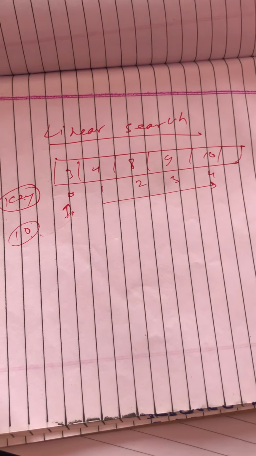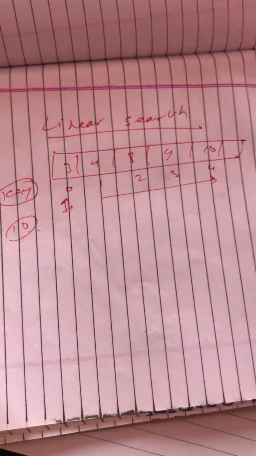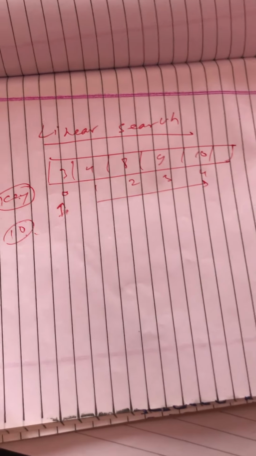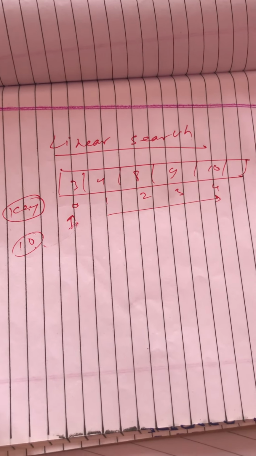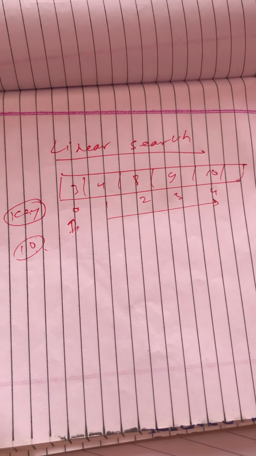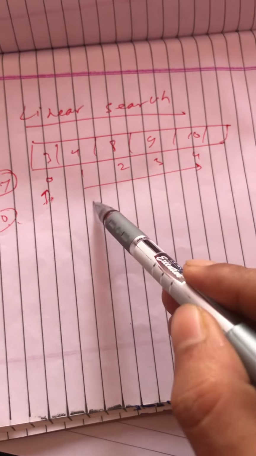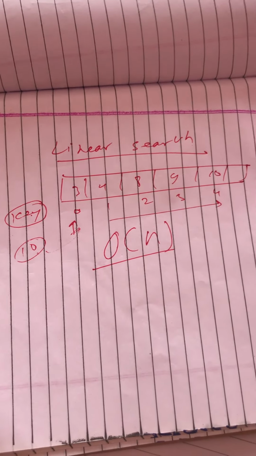If key 10 exists in index 0, then the search is complete. Similarly, searching is done. So if the key is at the last of the array, then the worst time complexity of linear search will be O(n). O(n) will be the time complexity for linear search.